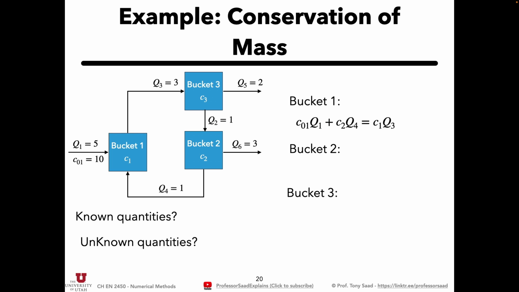We're going to use mass balance for that. So let's try to do bucket 2. What do you think the balance of bucket 2 is? Bucket 2: whatever is coming in equals whatever is leaving.